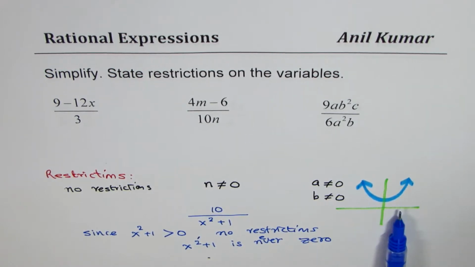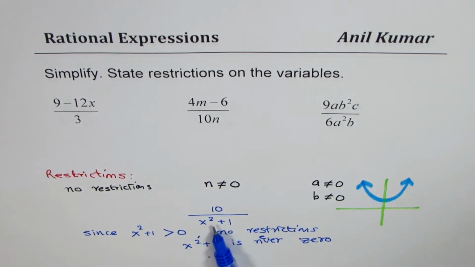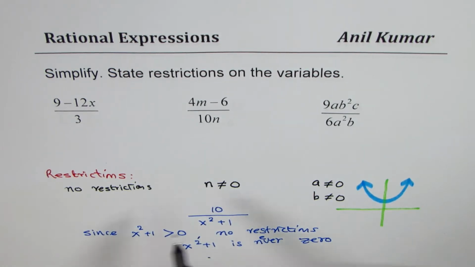There are no zeros. So the denominator is never 0, and therefore there are no restrictions, right? Keep that in mind. I hope the restriction part is very clear. Now let's concentrate on simplifying rational expressions. In the coming screens, I will not describe restrictions, but just state them, okay?